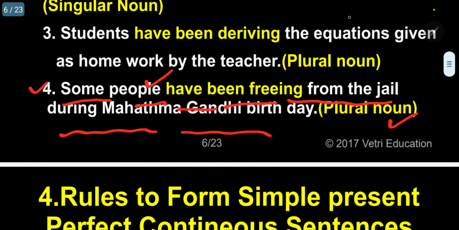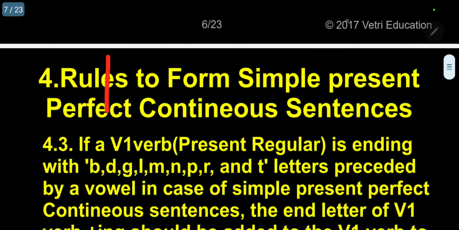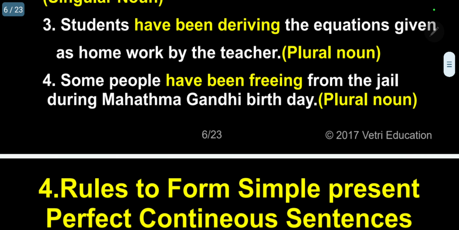Another example: some people, kindly follow, some people, plural noun, have, plural verb, been freeing. Free, I am adding ing. In this case, actually, from the jail during Mahatma Gandhi's birthday.